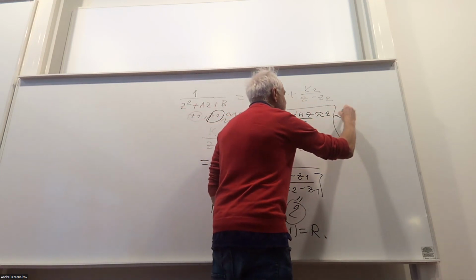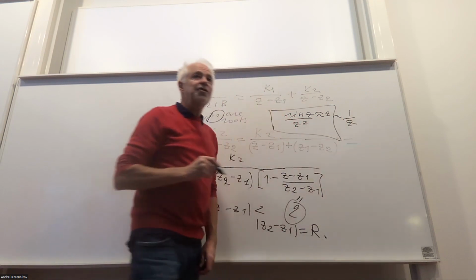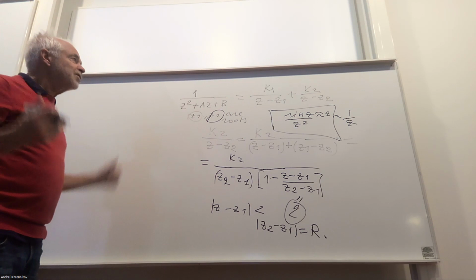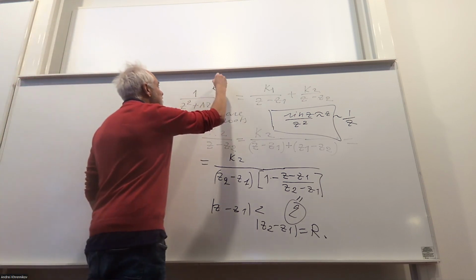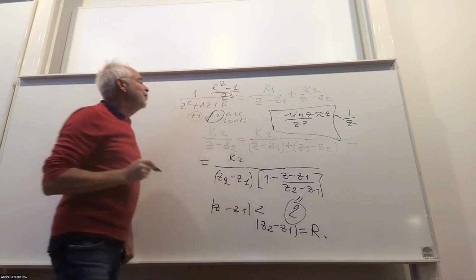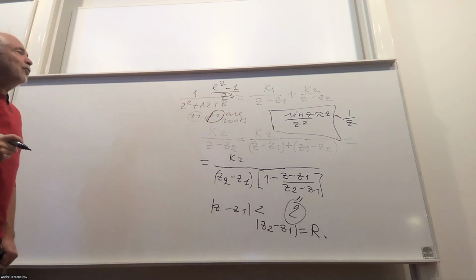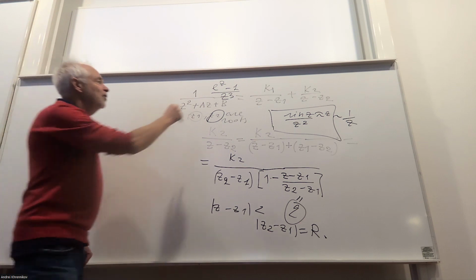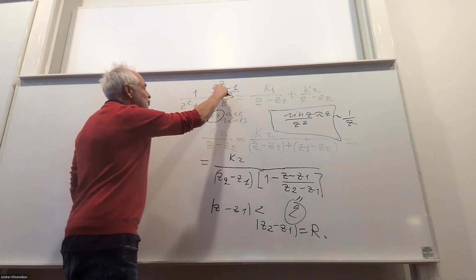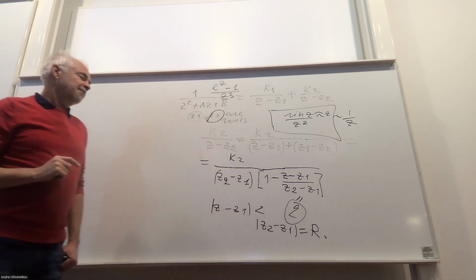So this function is approximately 1 over z, and this is a pole of degree 1. So when you look at an expression, for example, exponent z minus 1 divided by z cubed, this is a pole of degree 2. So look not only at zeros of the denominator, but also at zeros of the numerator.